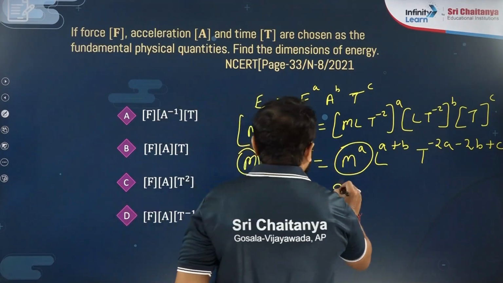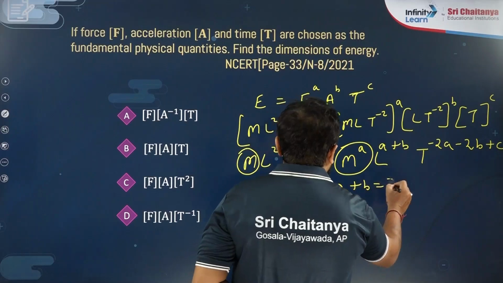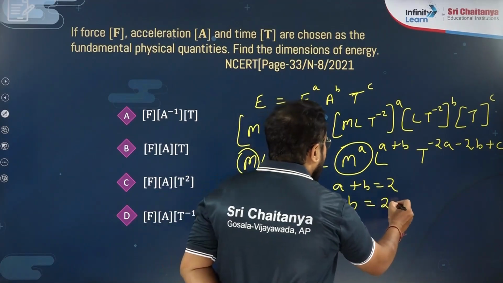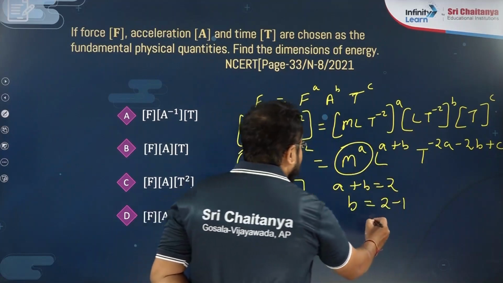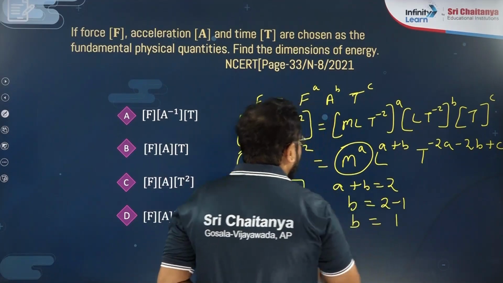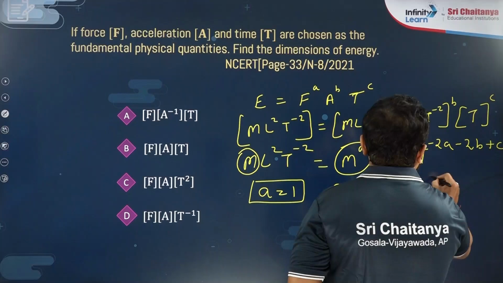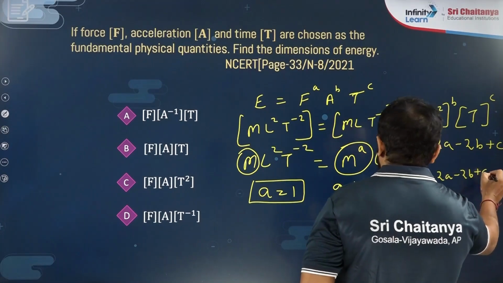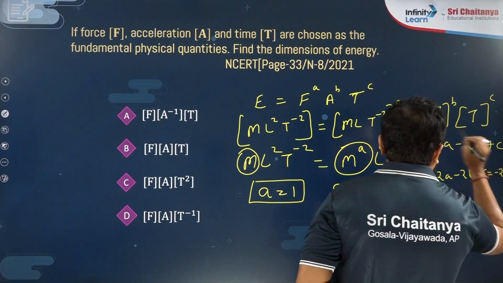Now compare L: a plus b equals 2. You know a is 1, so substituting, b will be 2 minus 1, so b will also be 1. Check c: minus 2a minus 2b plus c equals minus 2.